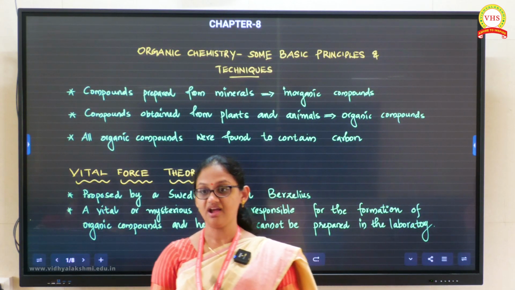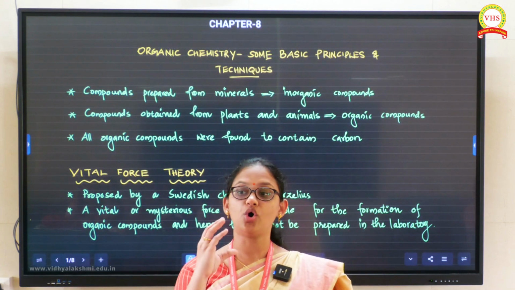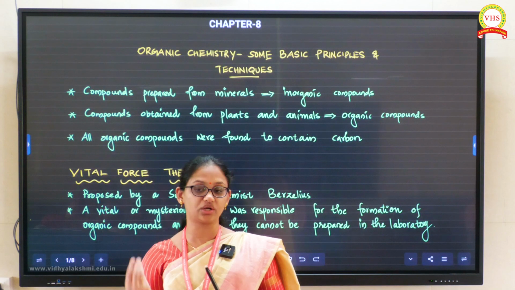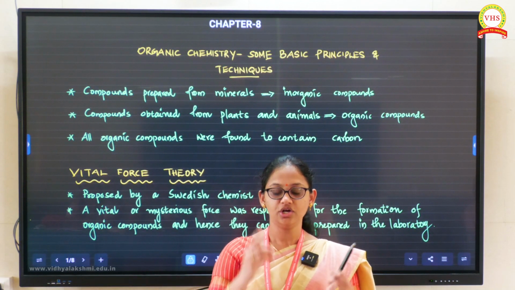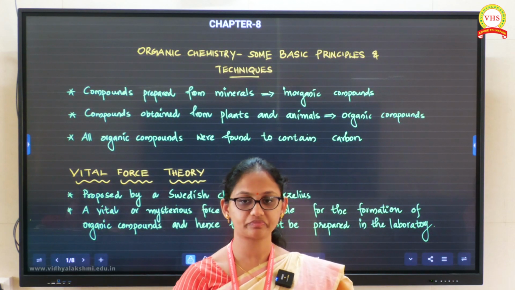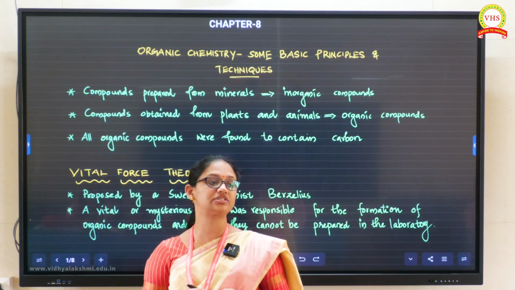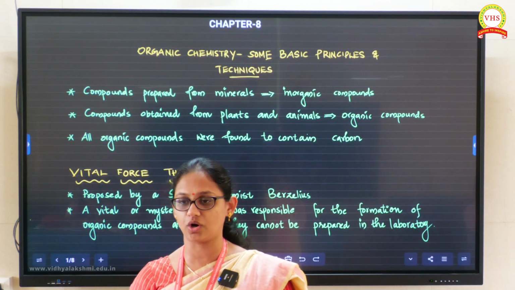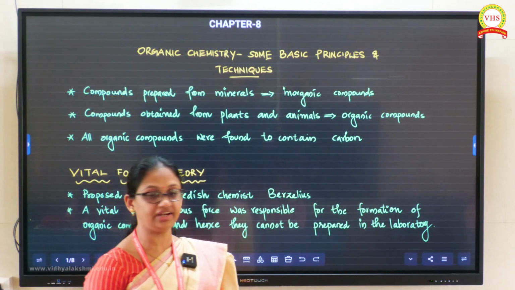In alcohol, the carbon which is making a bond with the OH group, it is called alcohol. So all organic compounds contain carbon atoms. Is it clear? Compounds obtained from minerals are called inorganic compounds, compounds obtained from plants and animals are called organic compounds, and all organic compounds were found to contain carbon.